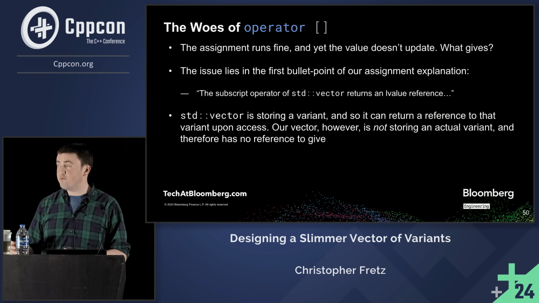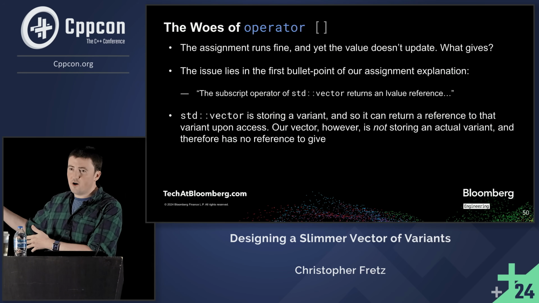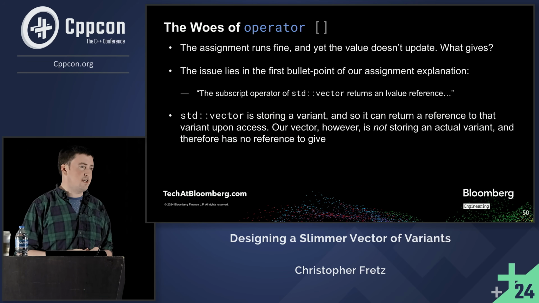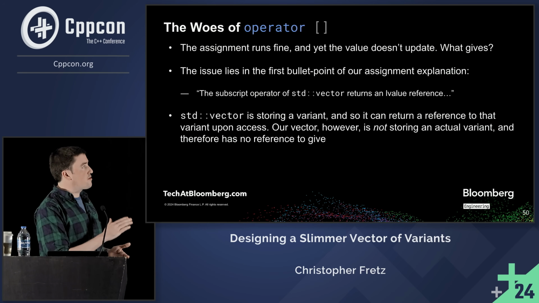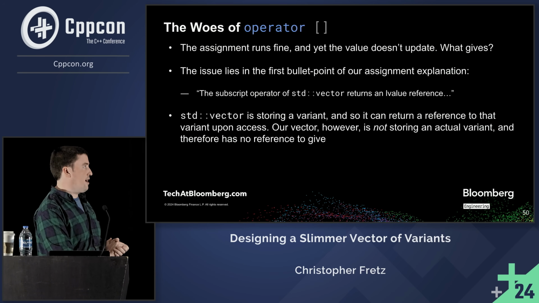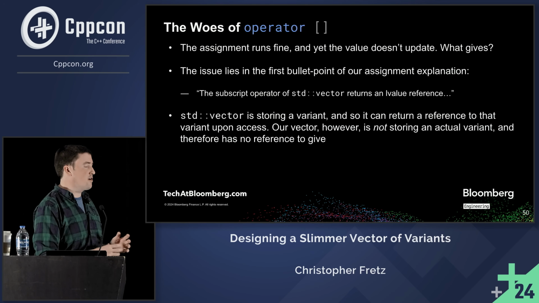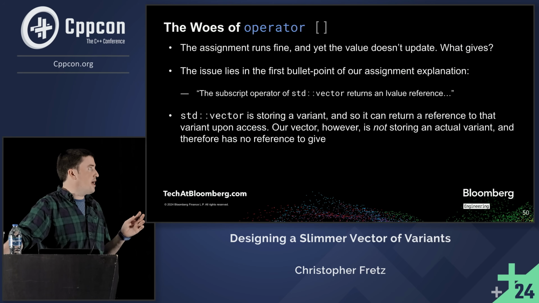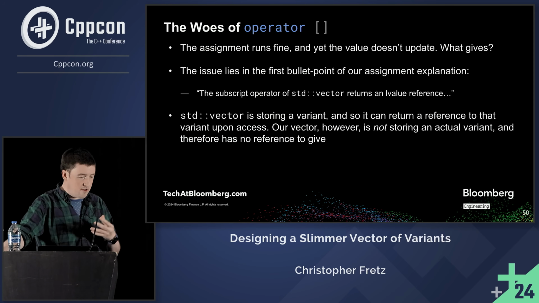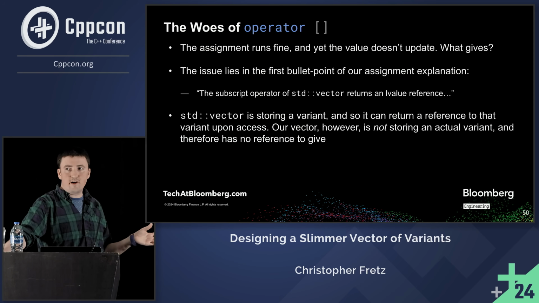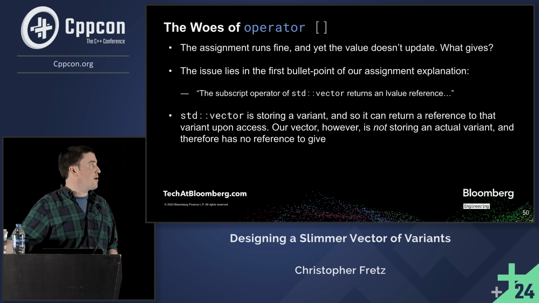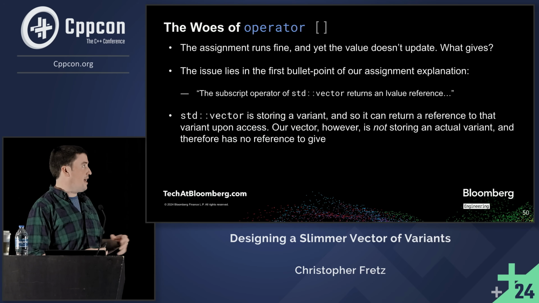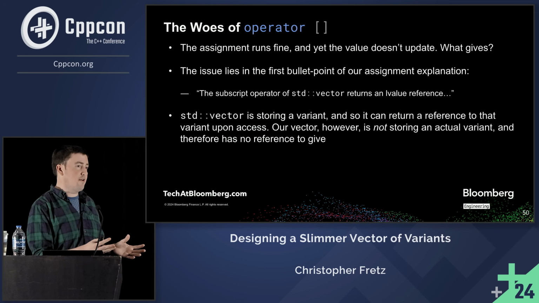The compiler doesn't know off of some runtime index what type it's actually going to be. And so the subscript operator has to return one thing. And returning variant means that it can represent everything it might need to store. And it also means that we have out of the box compatibility with std::visit and stuff like that. But the problem is that because of this, I have to actually construct that variant at return time.